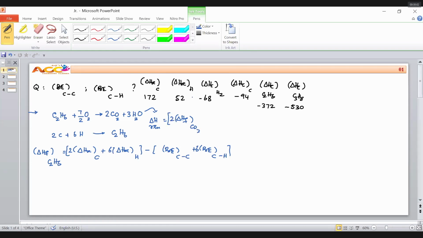Yes, sir. Combustion of carbon is formation of carbon dioxide. Similarly, enthalpy of formation of products, water, 3 times. Is it given to you? Yes, sir. Enthalpy of combustion of hydrogen is nothing but enthalpy of formation of water, minus enthalpy of formation of ethane, plus 0. You people are genius.